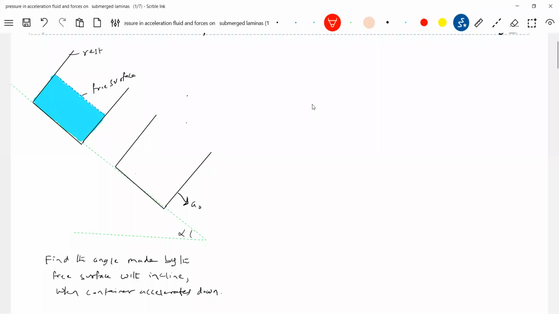The angle of inclination is given as alpha. How will the free surface be? The free surface may be like this, or maybe like this. These are the only 2 possibilities. How to decide the alignment of the free surface?